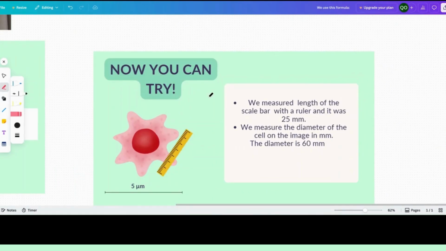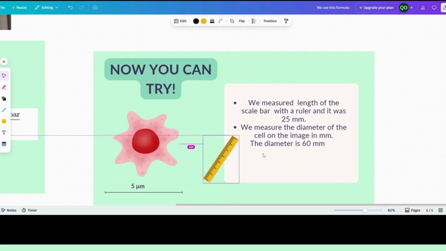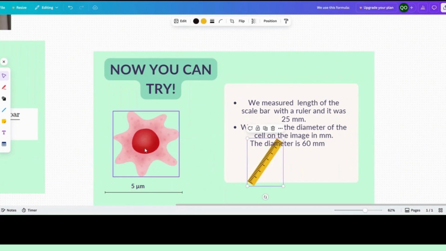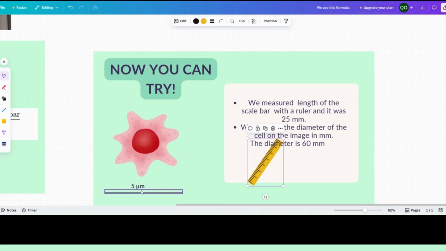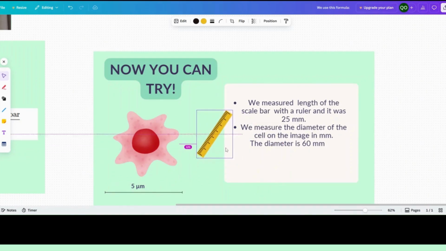Let's try another one. Here we have our question and we need to determine the real size of that cell. We have our scale line, 5 micrometers. So we're going to take our ruler and measure that scale line.